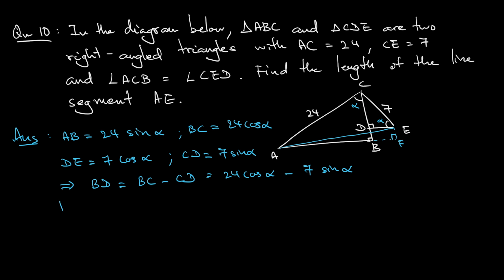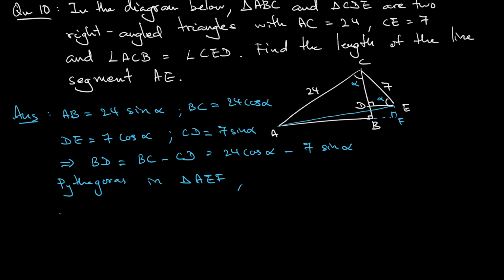If you use Pythagoras in triangle AEF, so AE squared would equal EF squared, but EF would equal BD, right?